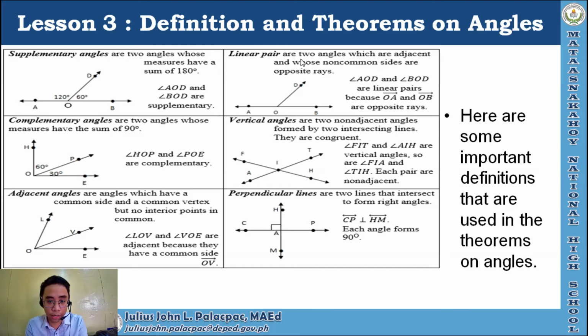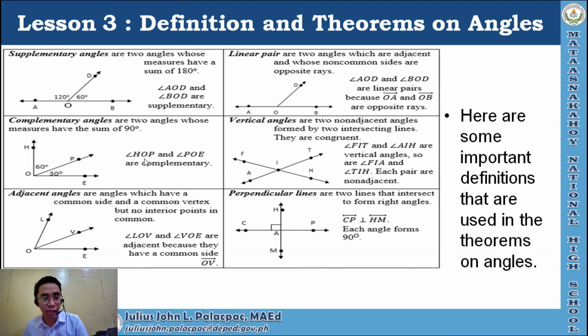So, sa linear pair naman, are two angles which are adjacent and whose uncommon sides are opposite rays. So, dito sa angle AOD tsaka angle BOD, linear pair sila because ray OA and ray OB are opposite rays. Ganun yun kapag linear pair. So, nakakapag-form sila ng isang buong linya.